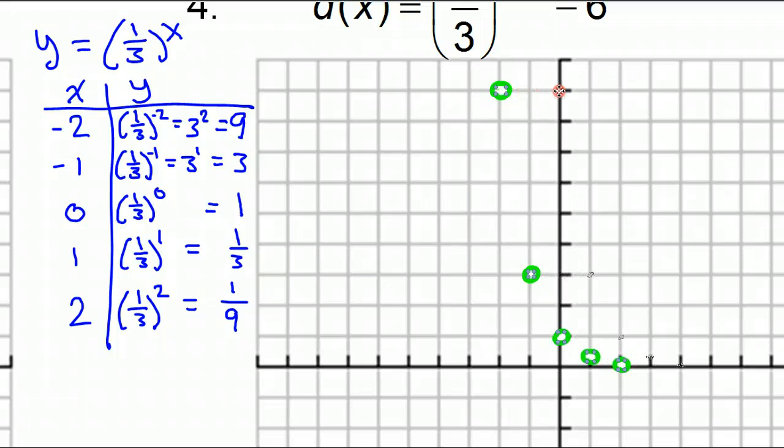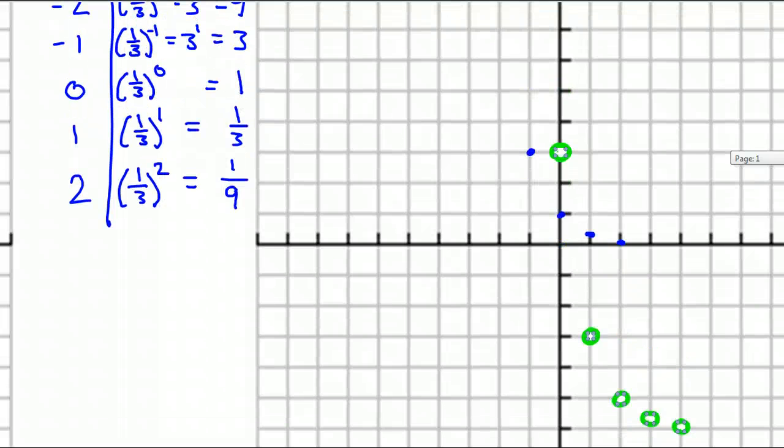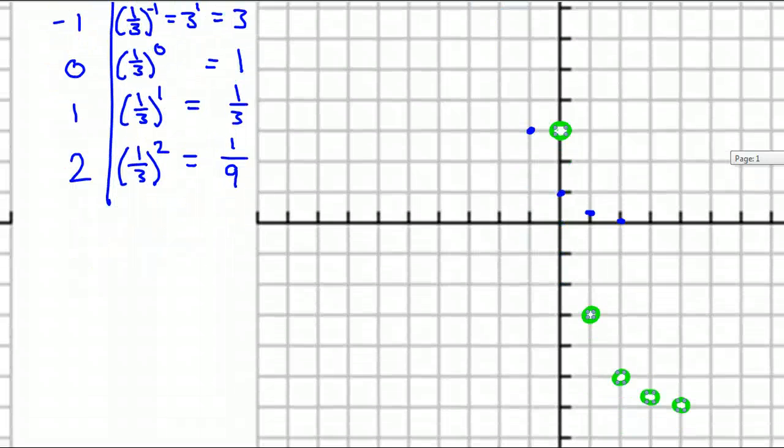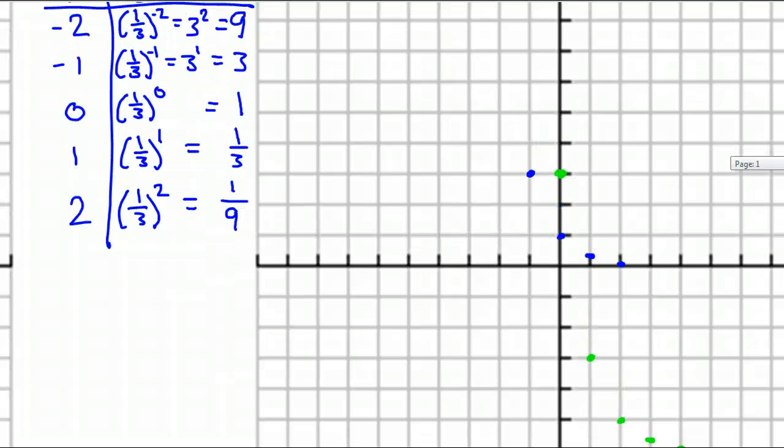So 1, 2 to the right, and 1, 2, 3, 4, 5, 6 down. Whew, for a second I thought I lost all my points. So they're down here. So this is what it looks like when you move everything to the right 2 and down 6. Okay, so there you go.